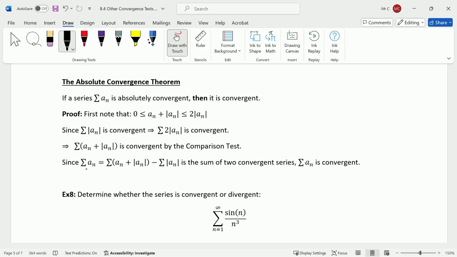Now, since we can always rewrite the sum of a sub n as the sum of a sub n plus the absolute value of a sub n, minus the sum of the absolute value of a sub n, as long as these are both convergent, which we just showed, right? We showed that this series is convergent, and this is the difference between two convergent series. Then that means the original series is convergent.